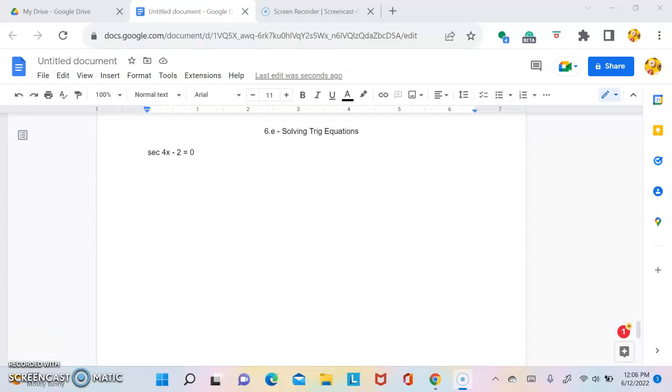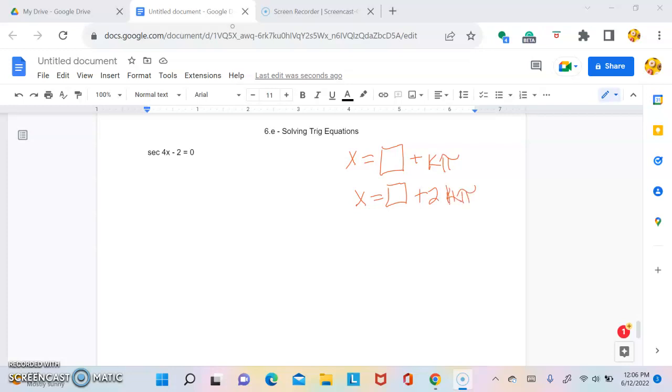We're doing 6E, solving trig equations. Something to know first about trig equations is the way the answer is going to be set up. It's going to be x equals a number plus k pi, or x equals a number plus 2k pi.